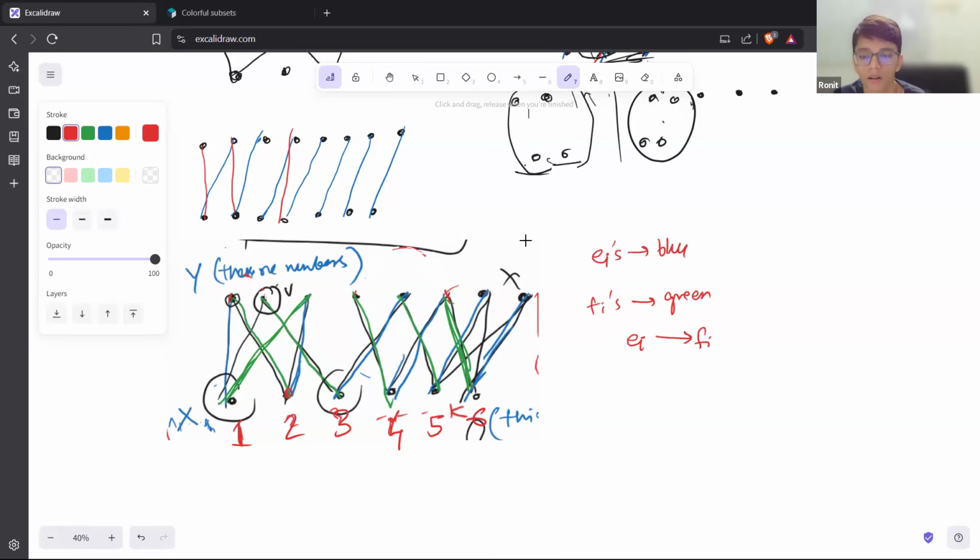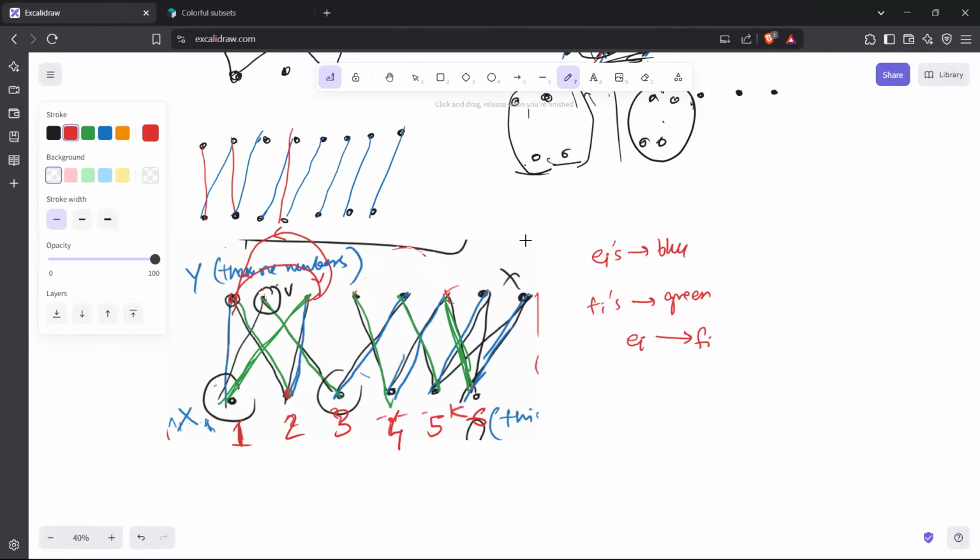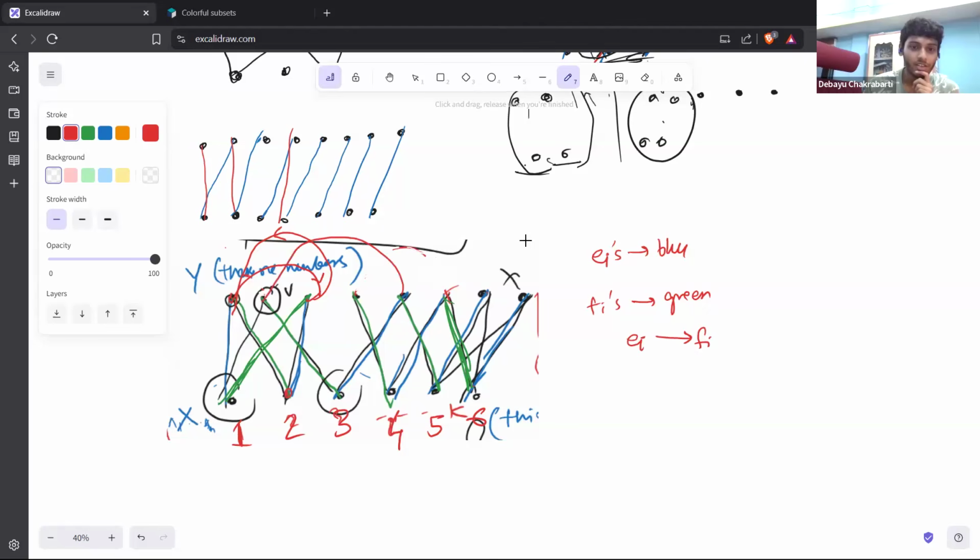Okay, and this is a hop. A hop only occurs if they both are connected to one of our incident vertices. This is also a hop. This is a hop.